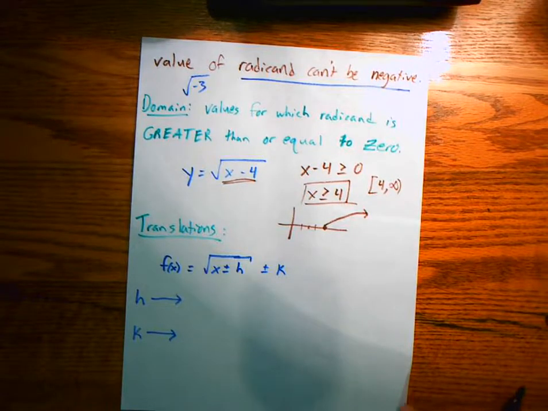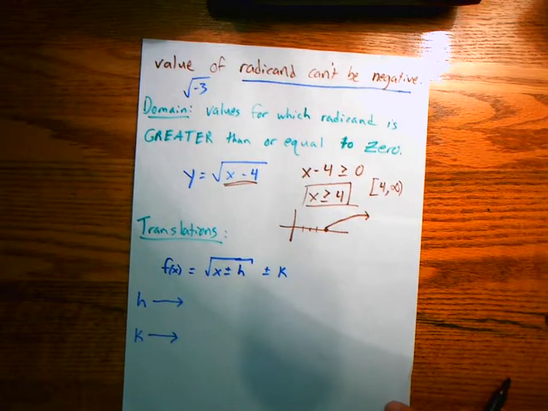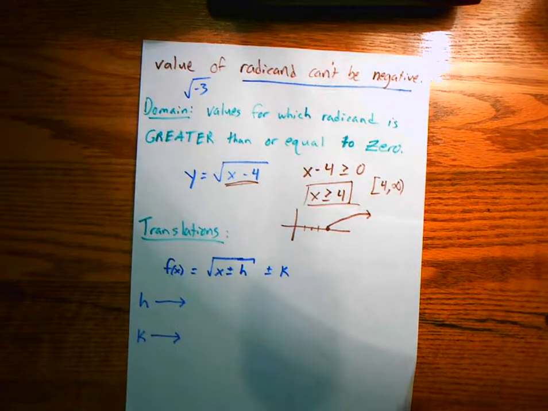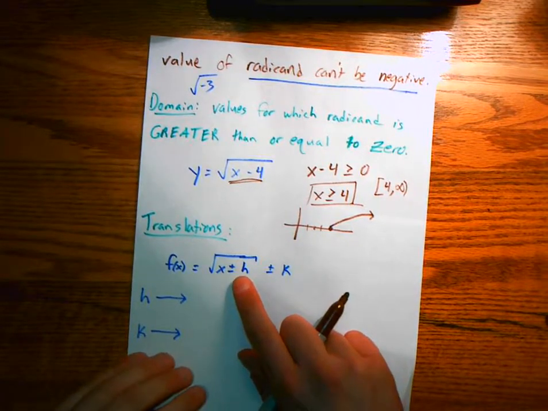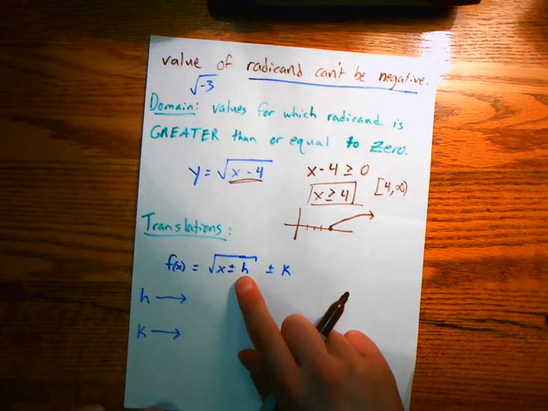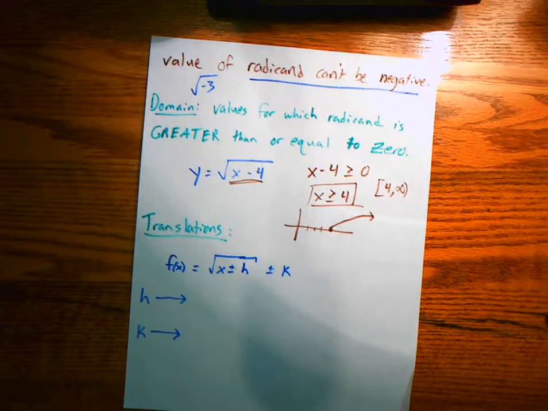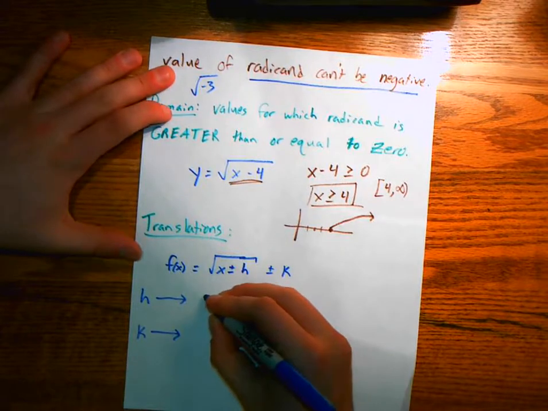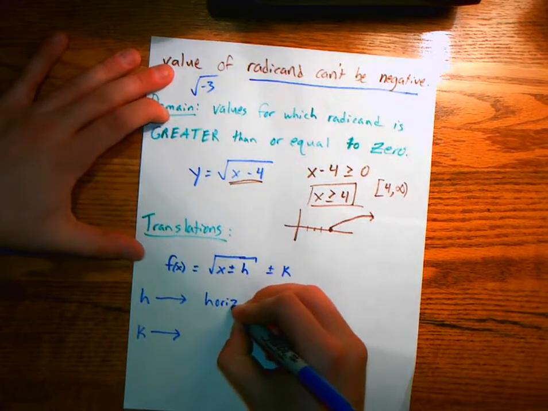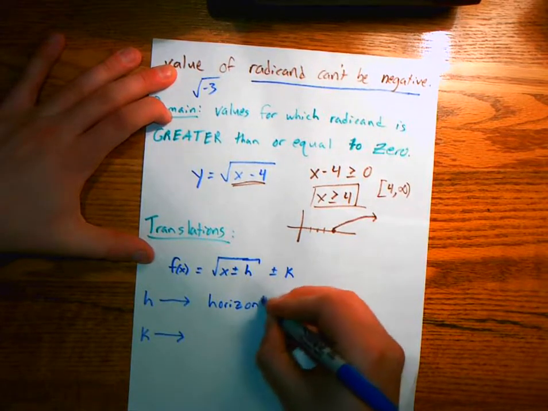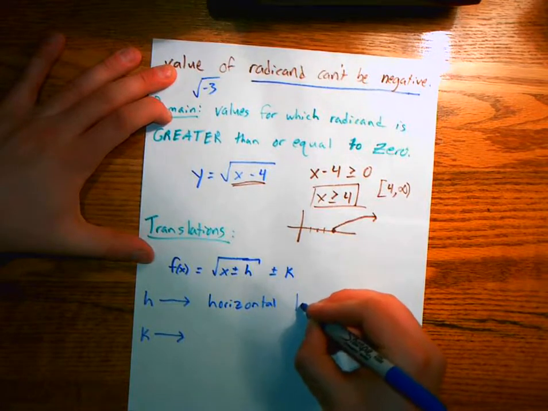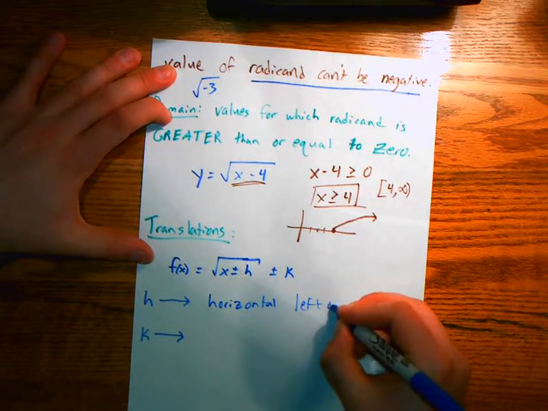Now when it comes to translations, this is a review of what we talked about earlier, where you can add or subtract some numbers on the inside of the function, which is what this h is for, and you can add or subtract some numbers on the outside of the function, which is what the k represents. The numbers for the h, plus or minus, correlate to a horizontal translation, or a left or right translation.